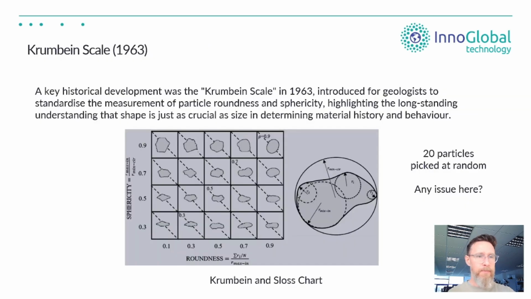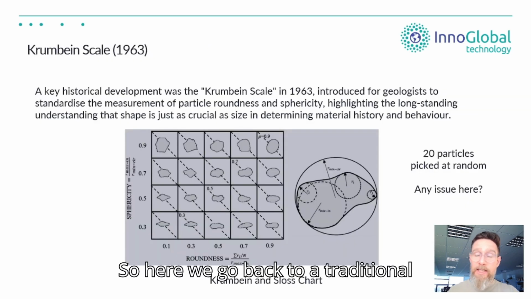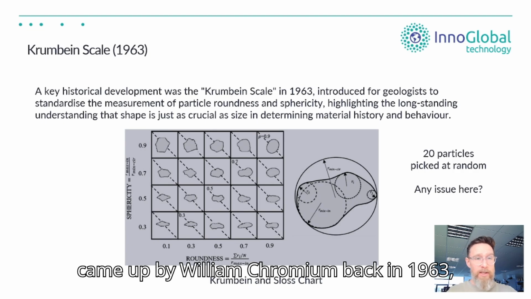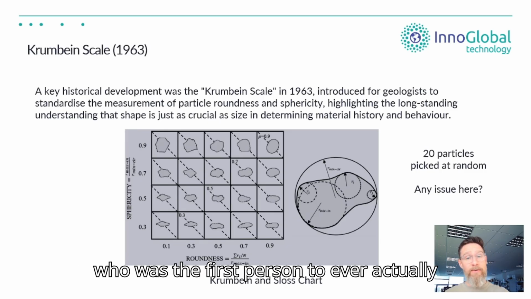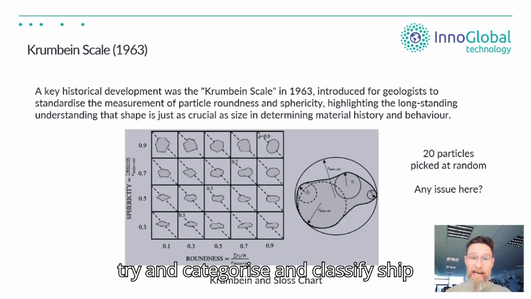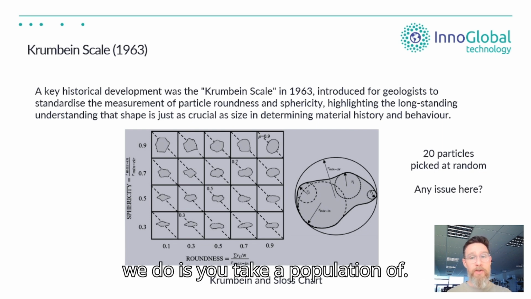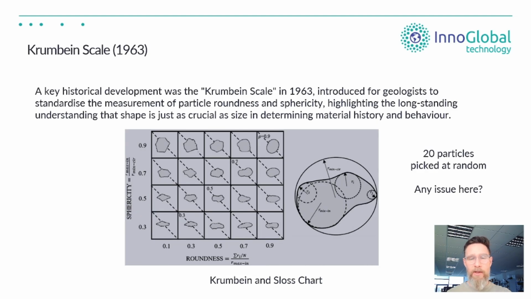So here we go back to a traditional method called the Krumbein scale. This came out by William Krumbein back in 1963, who was the first person to actually try to categorize and classify shape against a kind of metric method. What you do is take a population of particles.